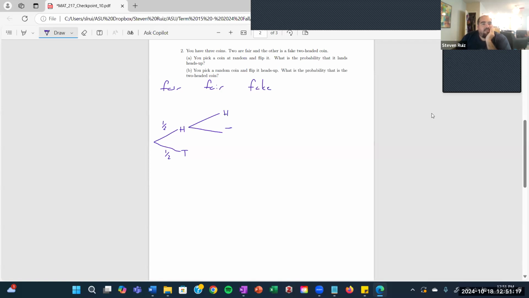I have a perfectly equal chance to throw heads or tails. And finally, the fake coin. I don't even need to make more than one branch here. Heads, probability is 1 for all these branches.